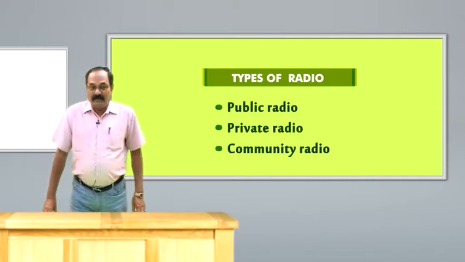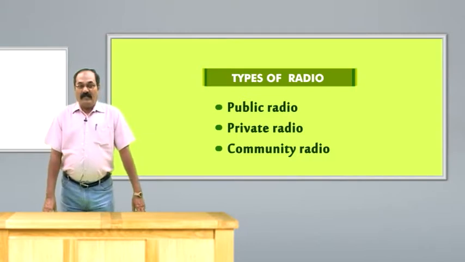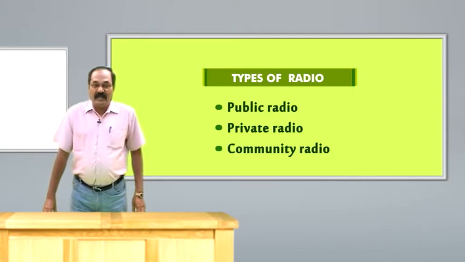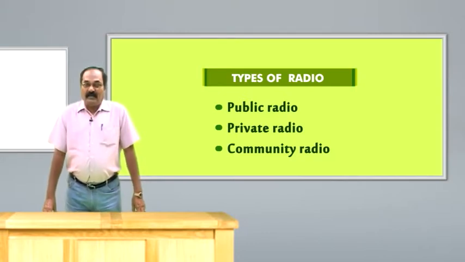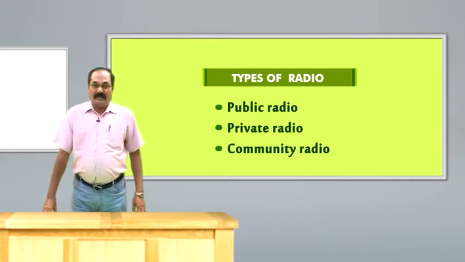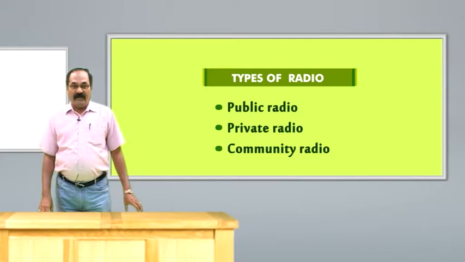The private radio is owned and operated by individuals or companies, and the purpose of this kind of station is to make money. You can see many private radio stations operating in most of the districts in our country, but community radio is entirely different.